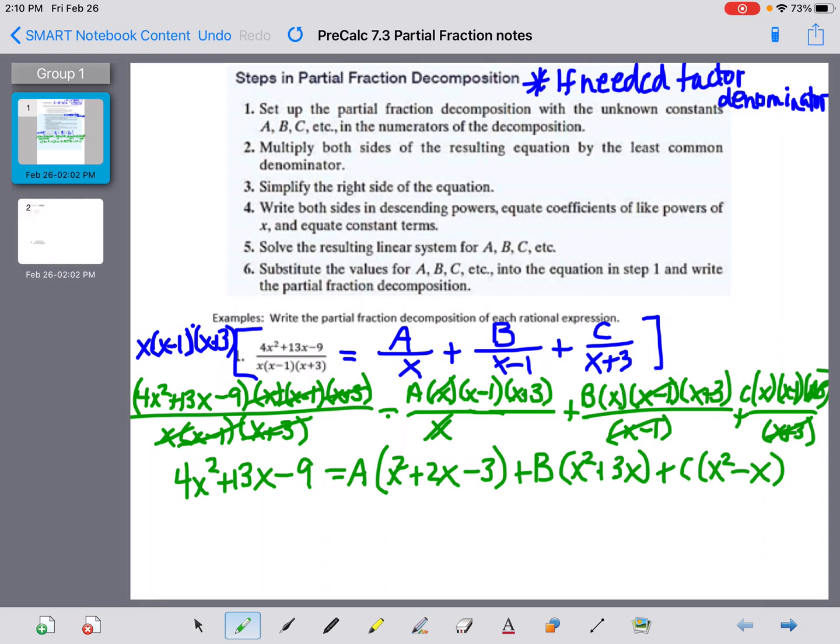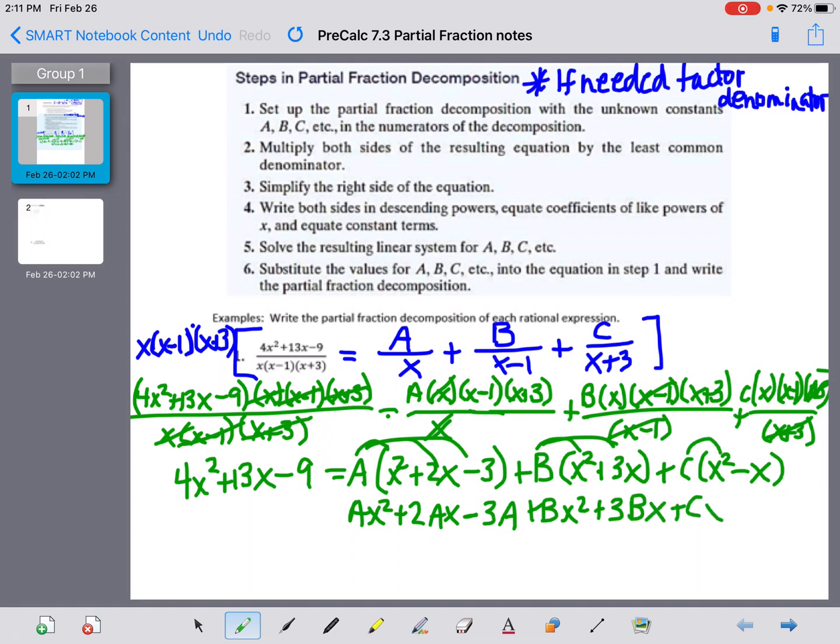So on my right side now, I'm going to distribute my a, b's, and c's into my parentheses. So I get ax squared plus 2ax minus 3a. Over here, I get bx squared plus 3bx. And finally, on my last one, I get plus cx squared minus cx. All right, now I want to group at least like terms.